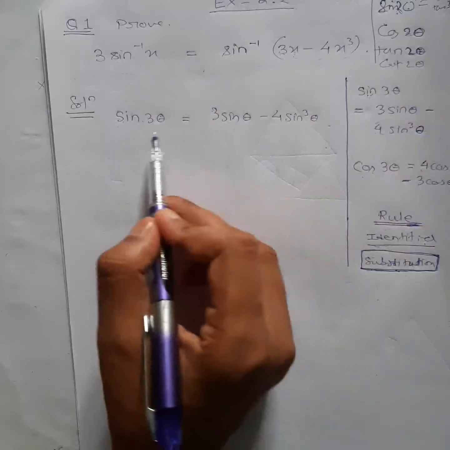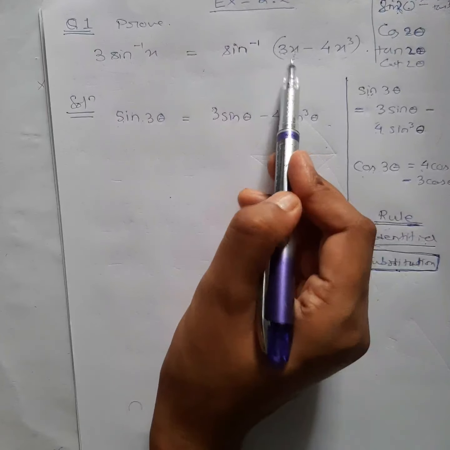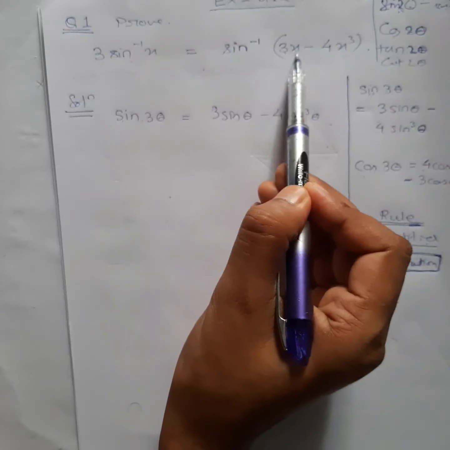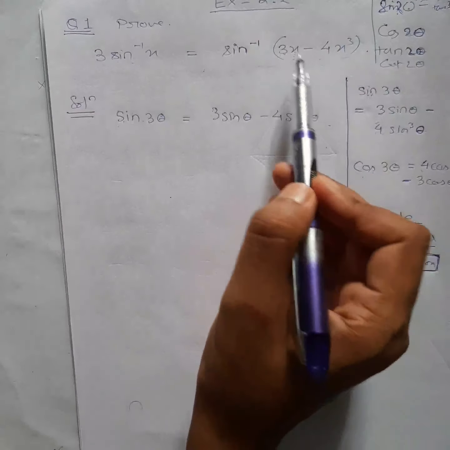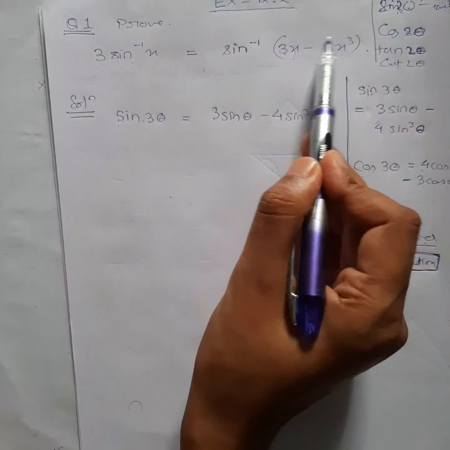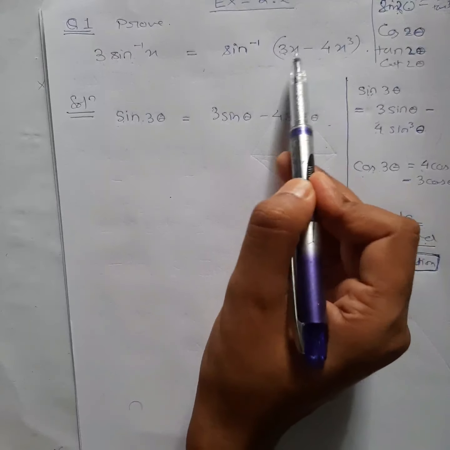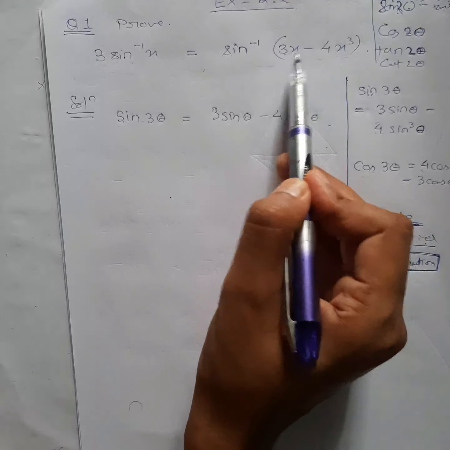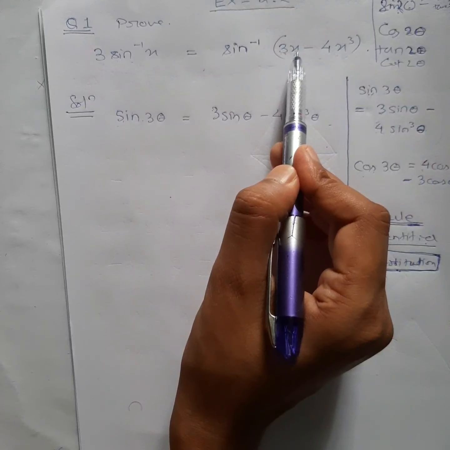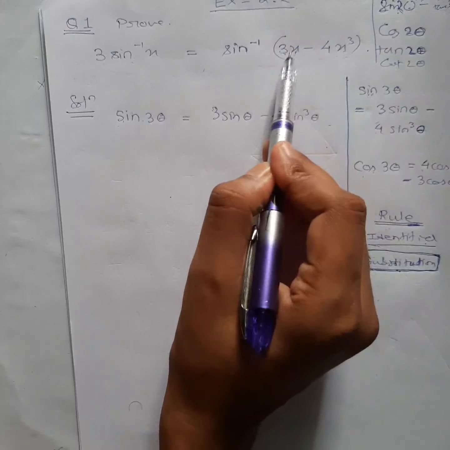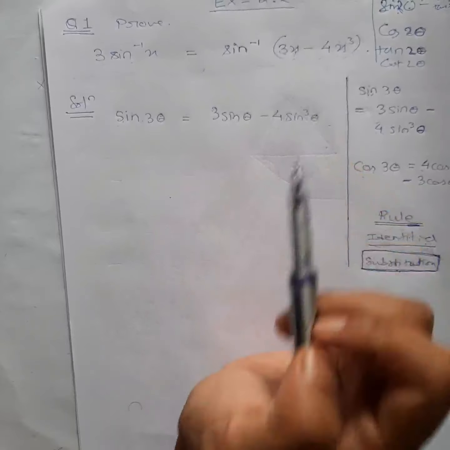I judged this from the question. Again I told you, you need to see the question and compare it with the normal trigonometry function. The moment you see this one, you must be able to figure out that this is a normal trigonometry identity. So if I substitute this x by sine theta, this will become an identity.